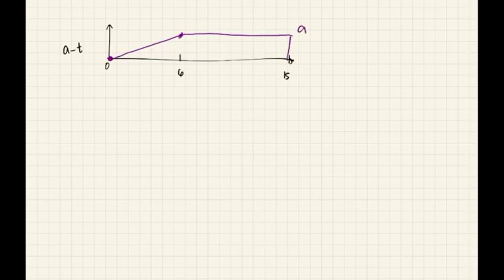So, let's name this A. So, ibig sabihin, ng kwento ng acceleration niya, you started from 0, it changes uniformly, and then remain constant at time equals 6 to time equals 15. Then, from that graph, pwede nating ma-drawing yung velocity time graph. Teka, baba natin ng konti.